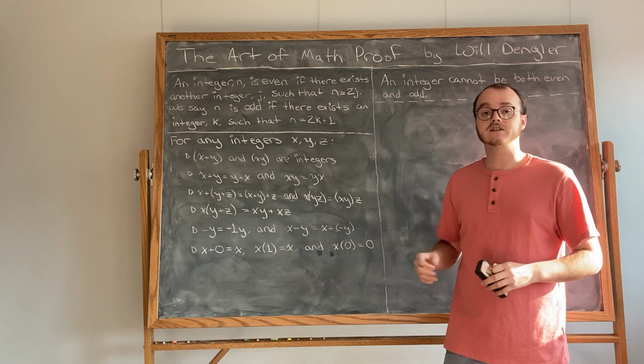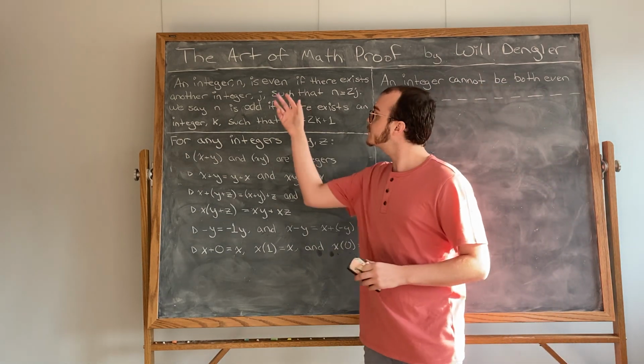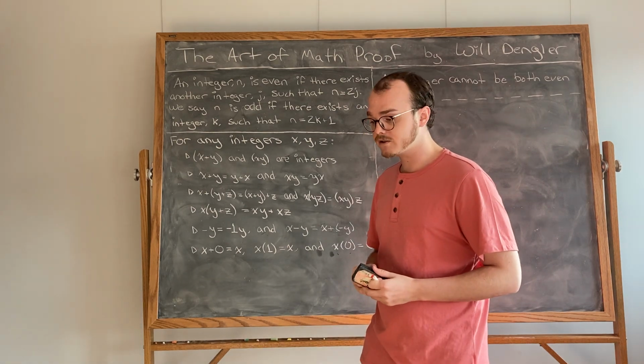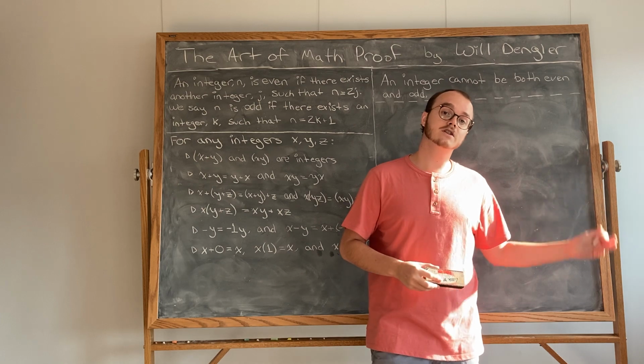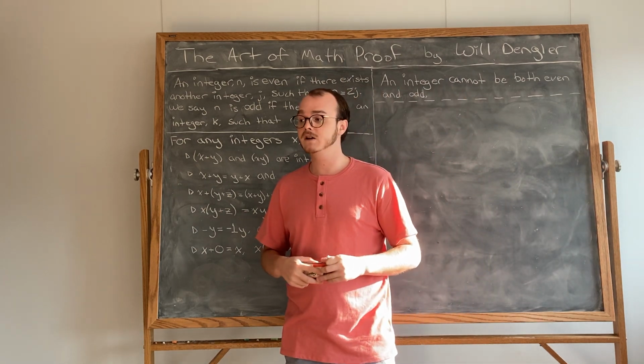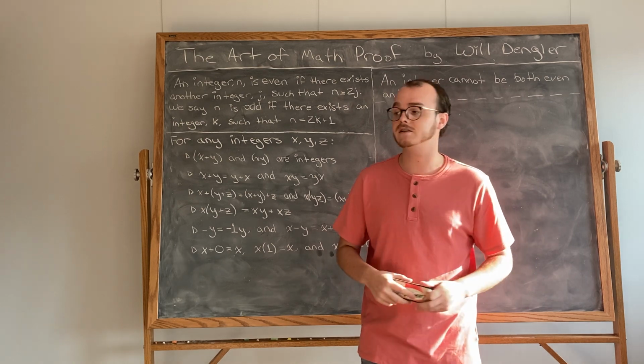Our definition of oddness is completely independent of evenness. And similarly, our definition of evenness, that there exists a second integer such that the first is equal to twice the value of the second, is completely independent of our definition of oddness.